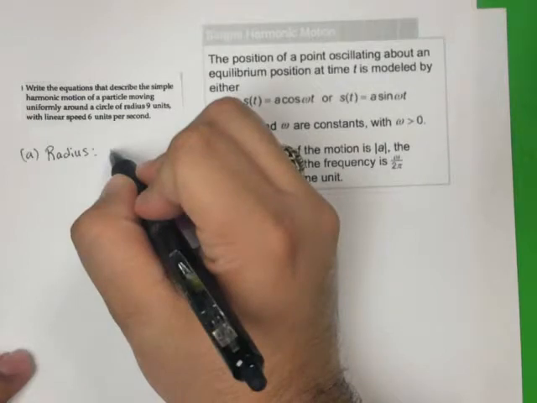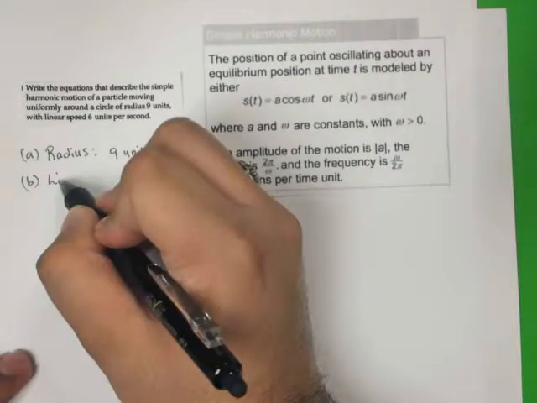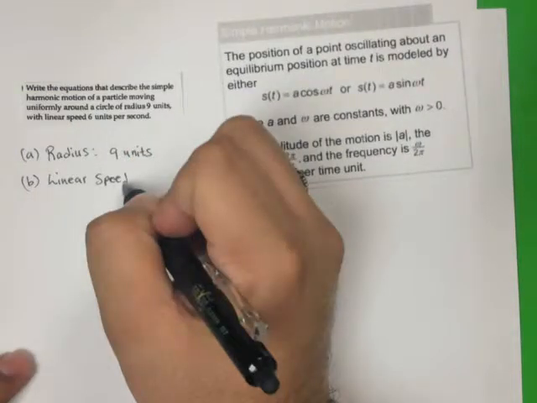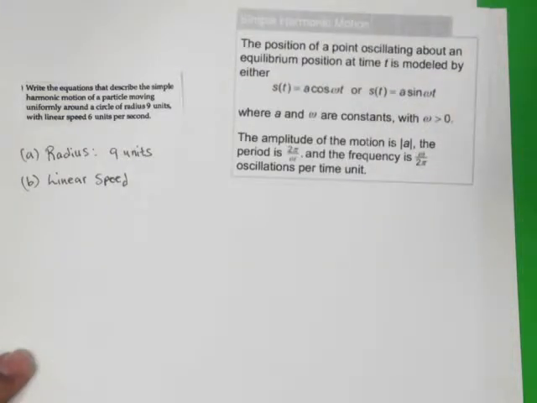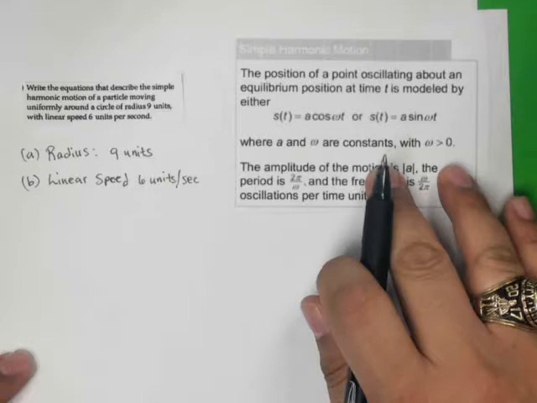And then we also know a linear speed that they gave us, and that is going to be 6 units per second. I'm going to write that down. I've got that information there.